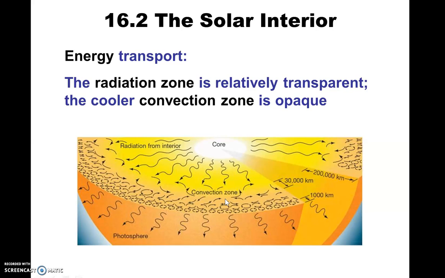Let's see, so this is the radiative zone. After fusion has taken place, the photons are extremely energetic. They're generally in the gamma region of the spectrum, so they're extremely high energy. And then they encounter this convective zone, which is a cooler zone, and therefore the photons get absorbed.